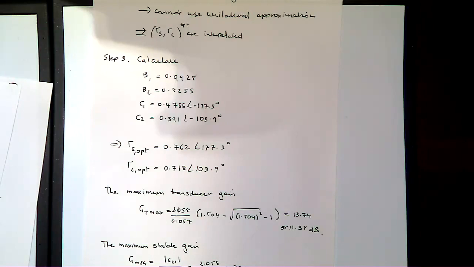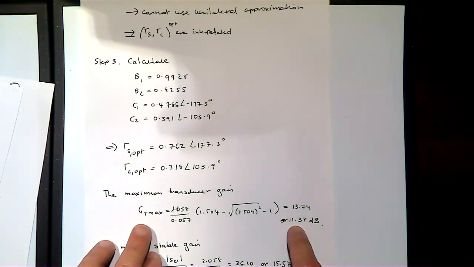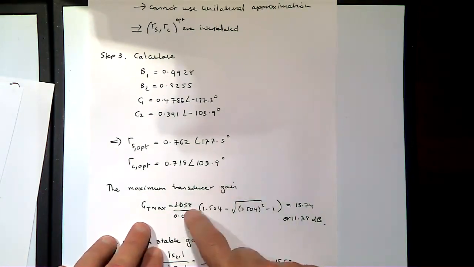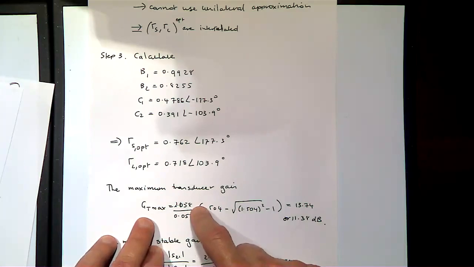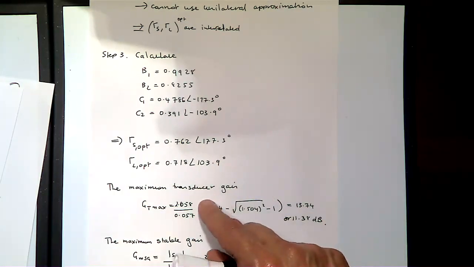Was it you that was telling me I made a mistake in my substitution or my arithmetic? Is this the one that you said that you didn't get this value? But it's different. Okay.